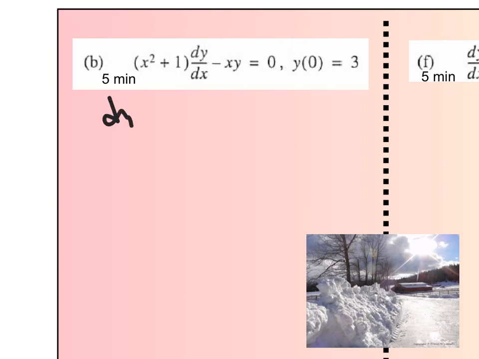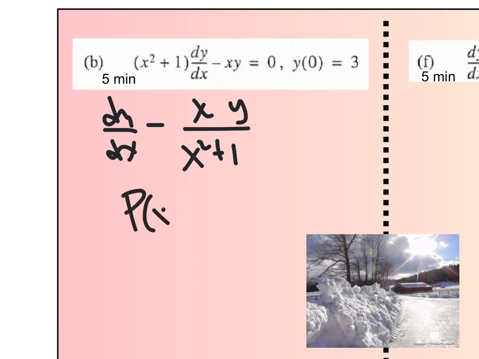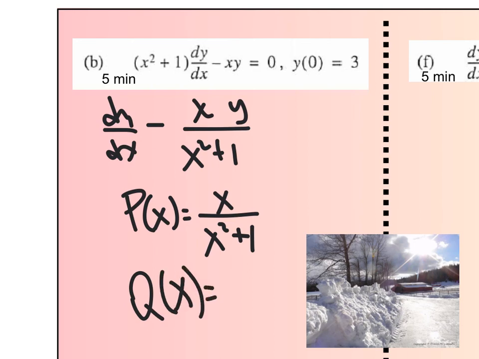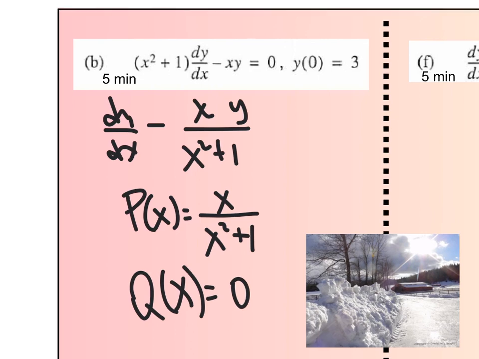Okay, yeah, I do this. dy dx looks like minus xy over x squared plus 1. When you integrate, P of x in this case will be x over x squared plus 1. That's going to be a u sub. And then it looks like Q of x, not typical, but it equals 0. Yeah, it would equal 0. That's an interesting one. That'll be fun.